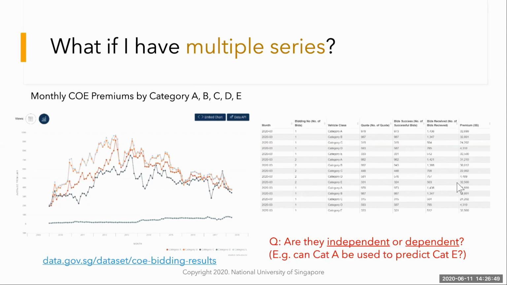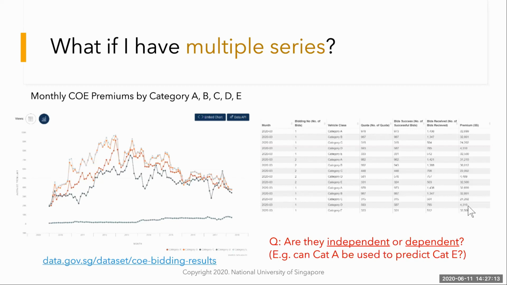Okay, but if they are completely independent, like say this category D, completely unrelated, right? This one is going up and down, but this one is just stable. Then you can't really use, you have to treat this separately. So you can only use the signal alone and maybe add other factors. I think category D is maybe some motorcycles or something like that.